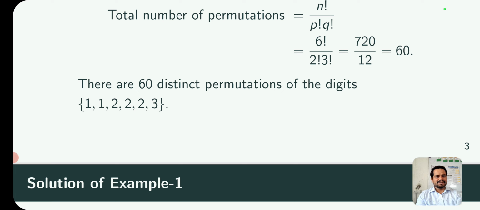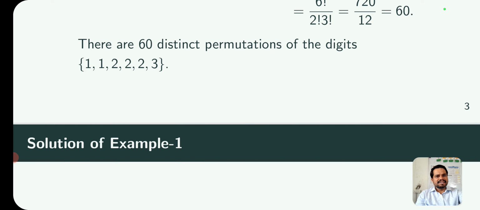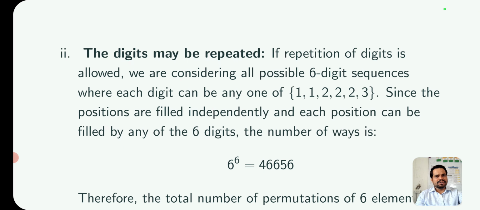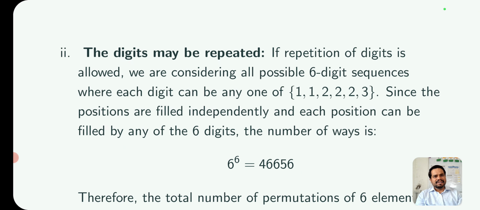Now let us see the second condition, the digits may be repeated. Under this condition, if repetition of digits is allowed, we are considering all possible 6-digit sequences, where each digit can be any one of the given set, since the positions are filled independently. Each position can be filled by any of these 6 digits, so the number of ways equals 6 raised to 6.